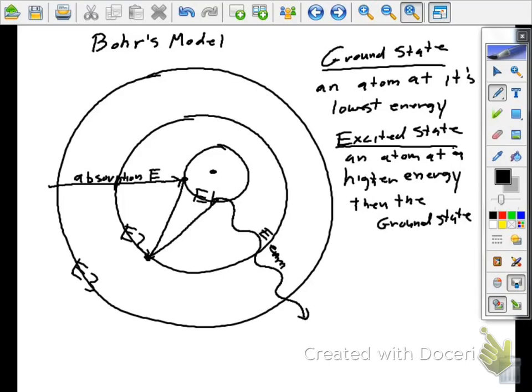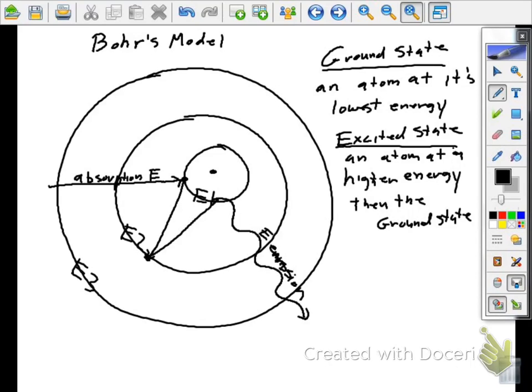We have emission of energy. Now, this is a wave, and if it's in the visible spectrum, we could see it. It could also be outside the visible spectrum, ultraviolet or infrared. We really don't know, but we know there's energy emitted.